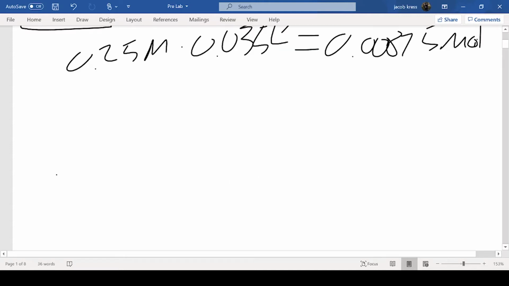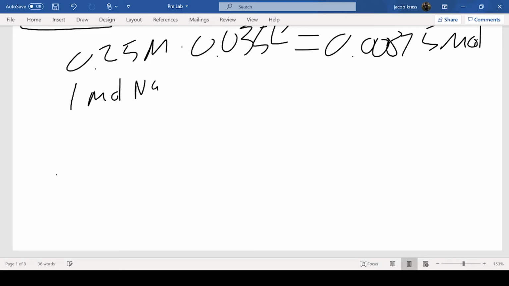We know because of our equation that for every 1 mole of sodium hydroxide, we're going to use 1 mole of HCl. So that means that by calculating the moles of sodium hydroxide, I also calculate the moles of HCl.